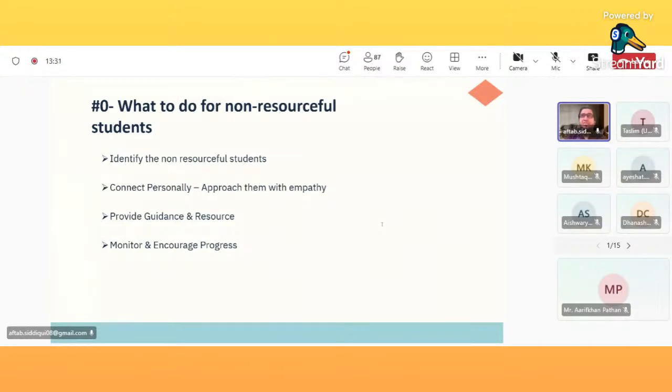If you go on Google, you can search. There is something called the Pygmalion classroom effect. It was a study conducted by some scientists. In that study, there were two groups of students. One group of students was very weak, and one was very excellent. The scientists studied the students who were very weak.